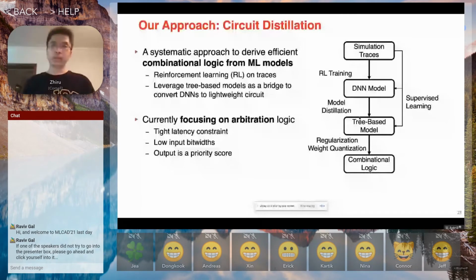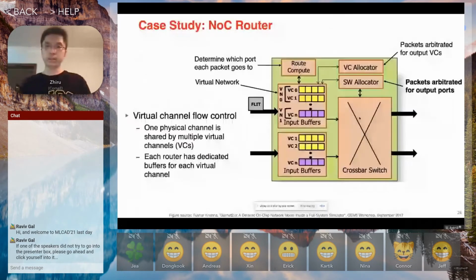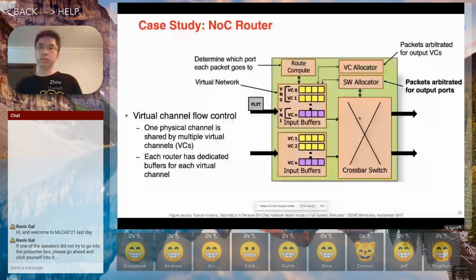This is a NOC router. Again, this is where we look at the on-chip network. We are looking at the standard virtual channel-based flow control. We are using VCs, right? Basically, each router has static buffers for these virtual channels. I'm not going to get into details over here, so these are fairly well known.